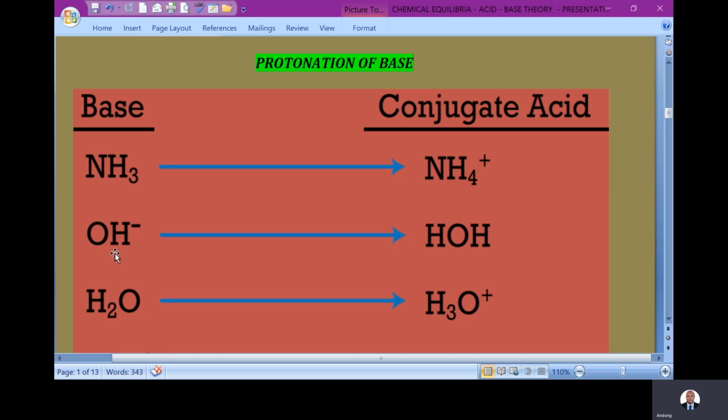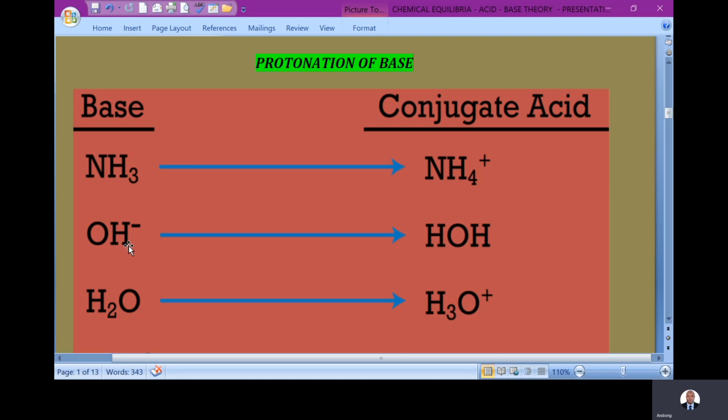Let's go to protonation of the hydroxide ion. If we protonate this, if we add a proton here, it will give us a molecule of water. Let's say this is the base, and we want to have a conjugate acid. We add a proton here. We add hydrogen and a plus sign.